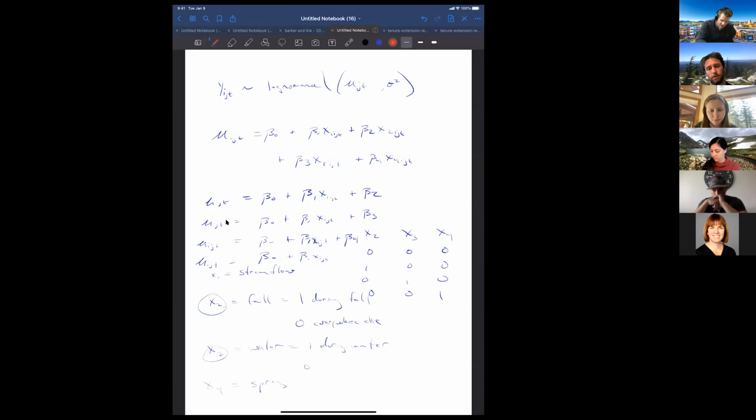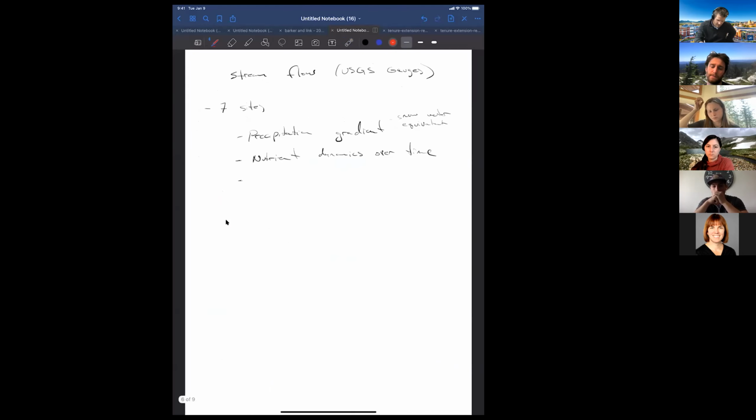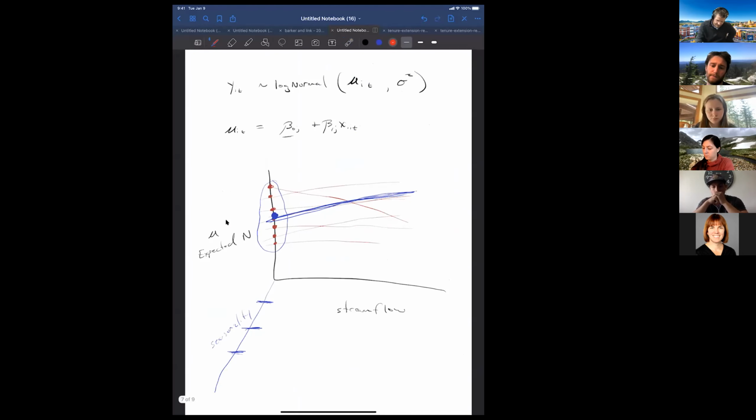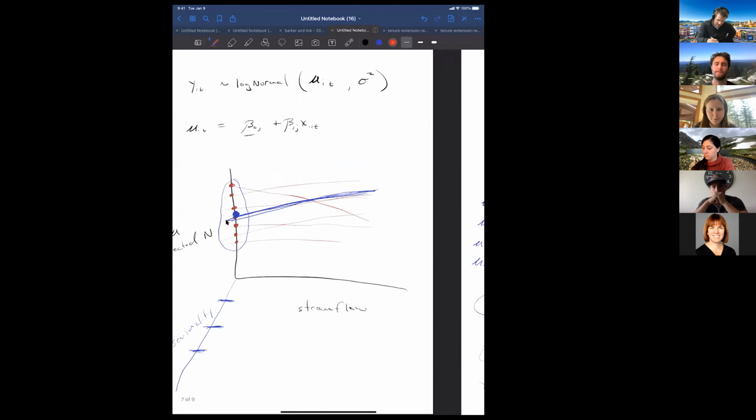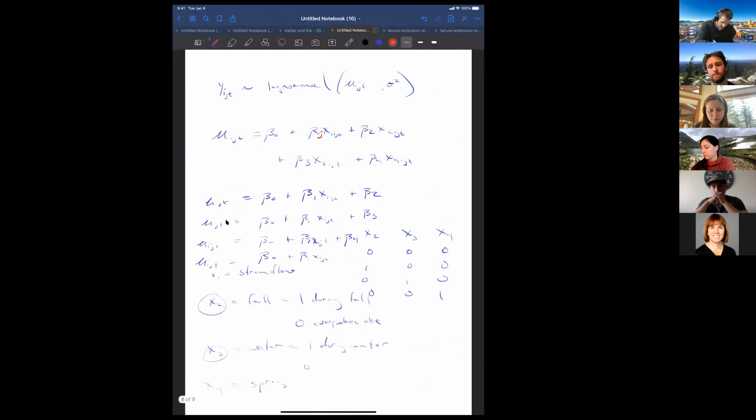And we're going to do that just for stream flow. So we can put a J on that beta, indicating that that beta is going to be different at each site. All right, so let me take this, and then we'll go to the next step in finishing our model statement.